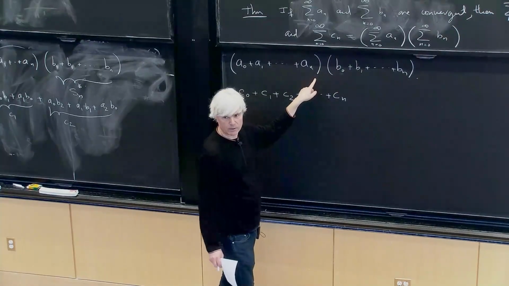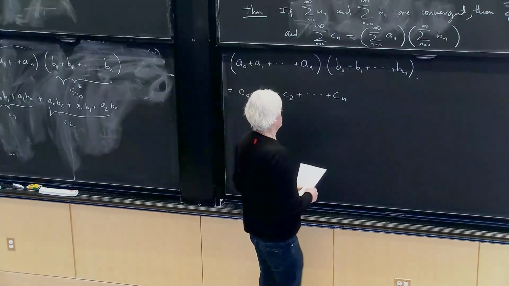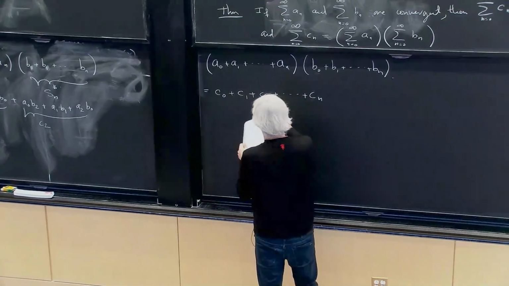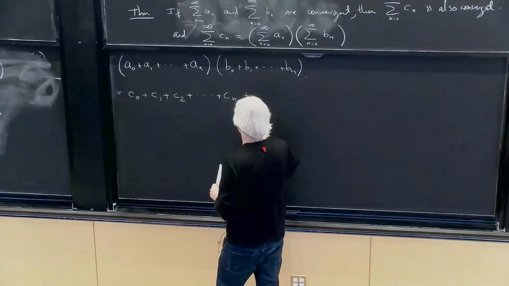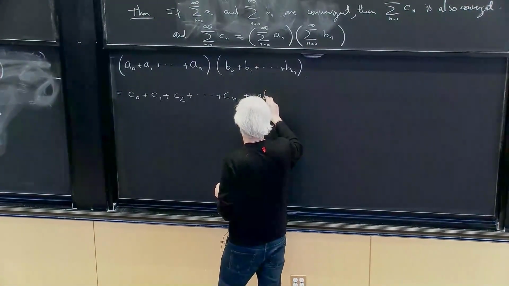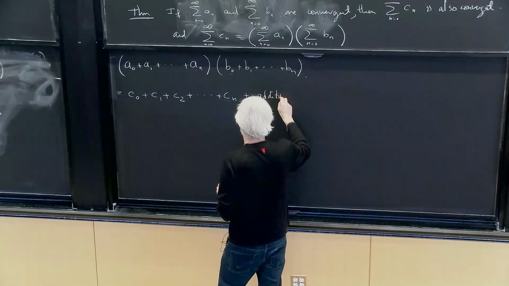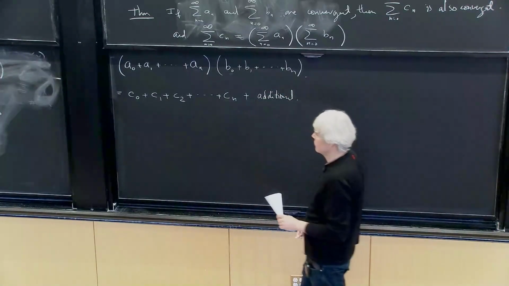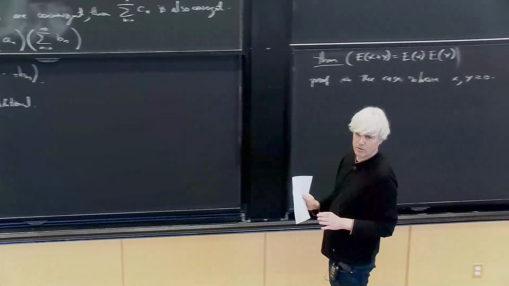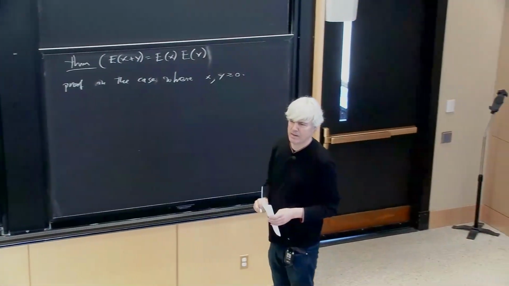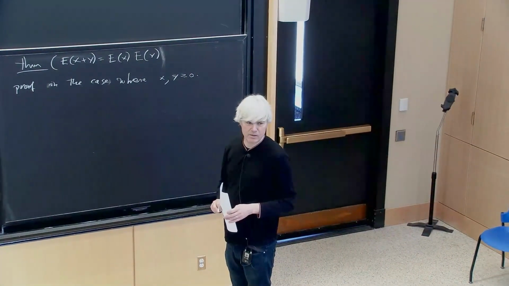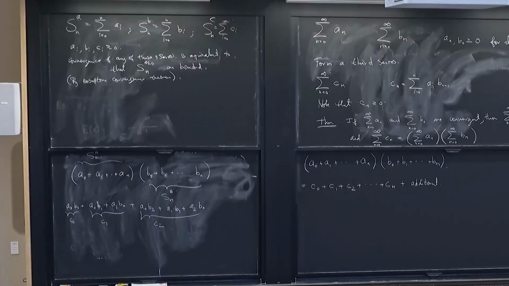But you don't have that one here, right? So what you get is all of these plus something additional. And because everything is non-negative, the additional thing is a non-negative number, right?